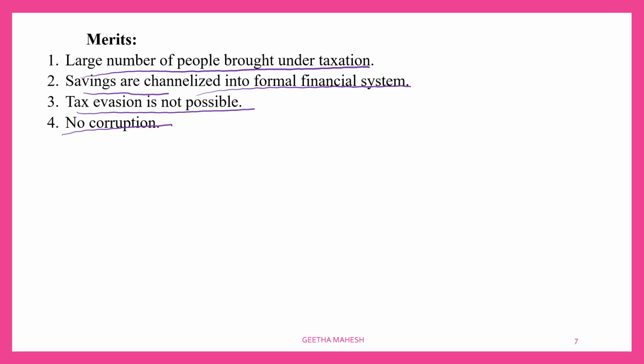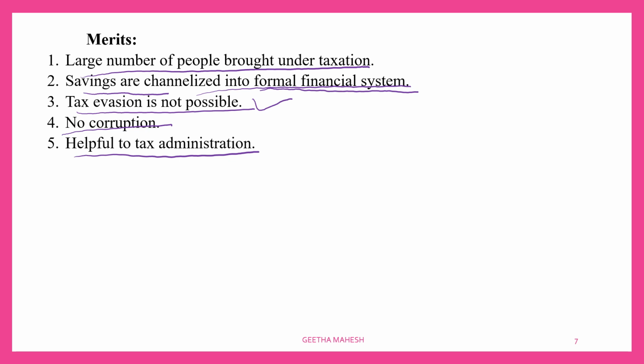Because of demonetization, they are able to avoid corruption to some extent, and they cannot escape from taxation. It helps tax administration, as everything is channelized and brought under the formal financial system.